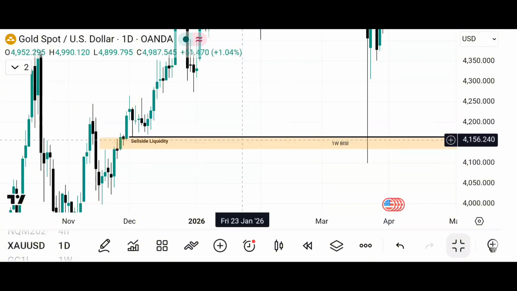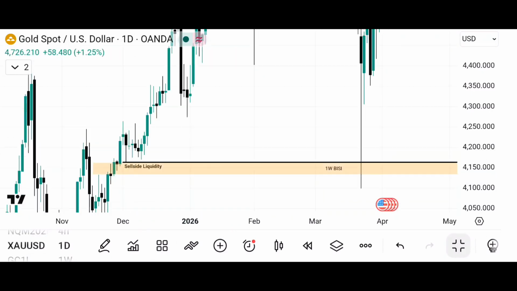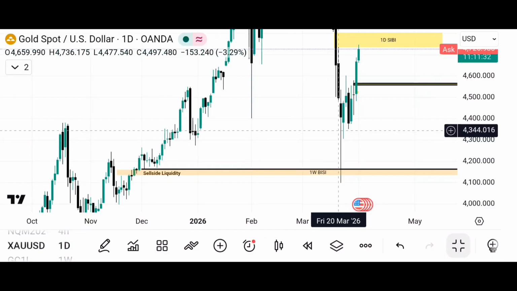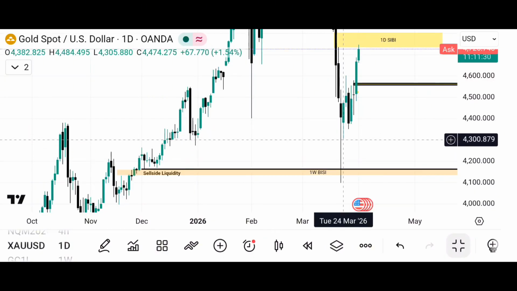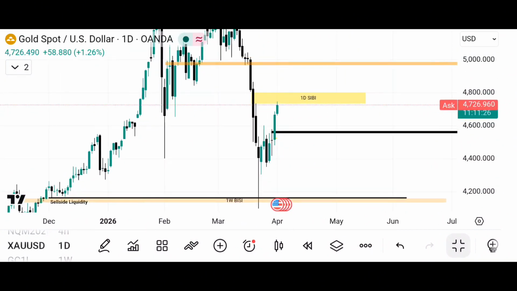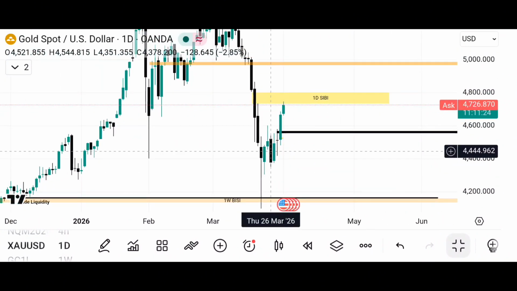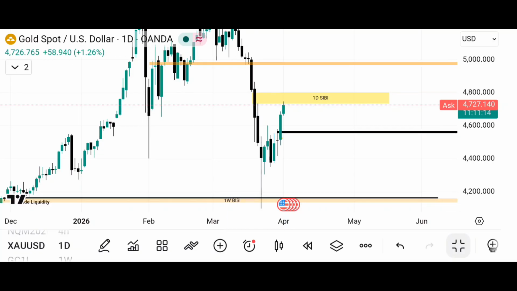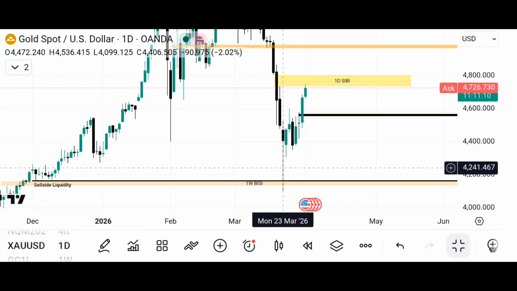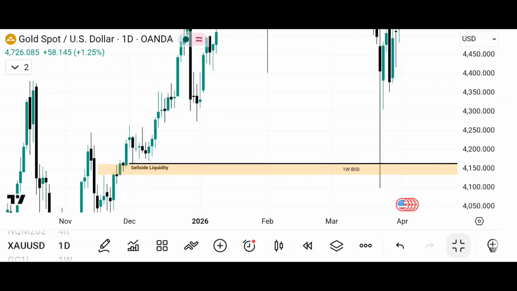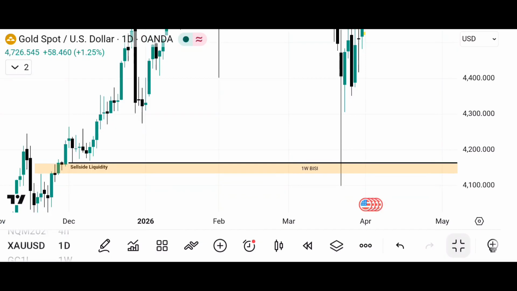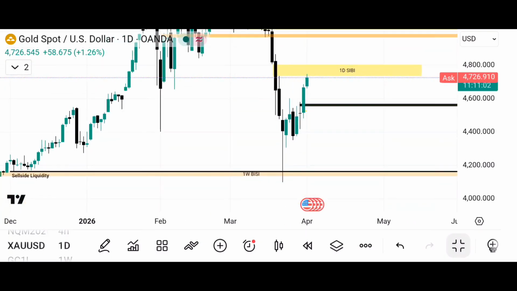Price ran down to take out this sell side liquidity, and you see this sudden run up in price, leaving this wick below. After price took out this sell side liquidity, these relative equal lows, you can see a sudden surge up in price.